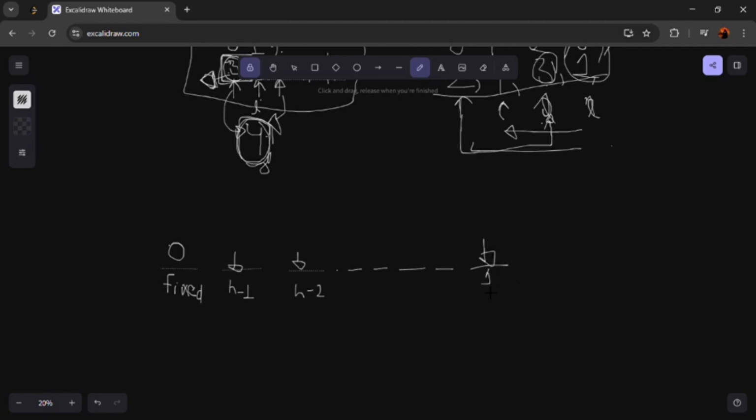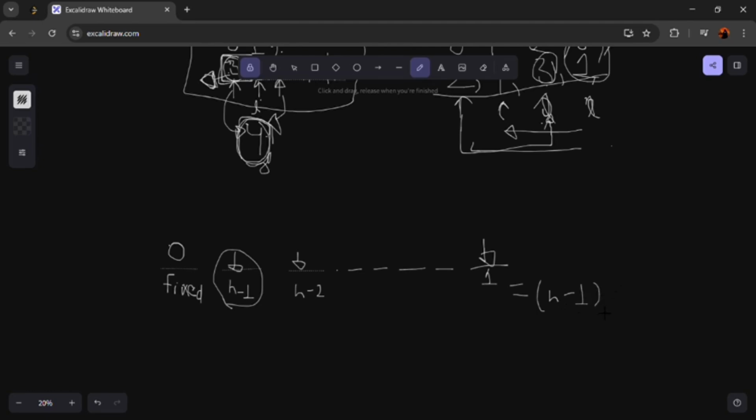Okay, means this is already fixed, if we fix this computer also, then the total number of permutations is n minus 1, remaining is n minus 1. Okay, if we fix this also, then it is n minus 2, similar to the last. So this is n minus 1 factorial.